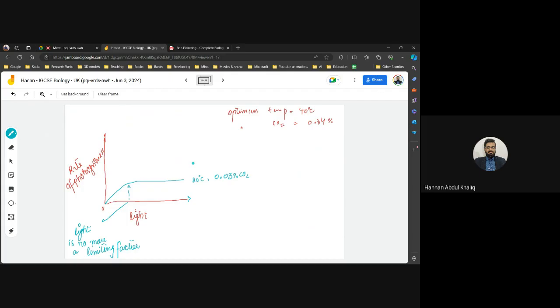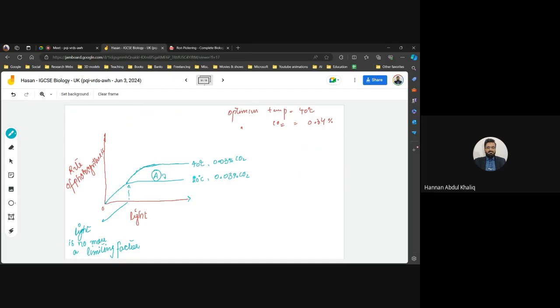So what did we do? We raised the temperature to 40 degrees Celsius, did not change the amount of carbon dioxide. There was a very clear rise in the rate of photosynthesis, depicting that at the point A, for this line, the temperature was the limiting factor.